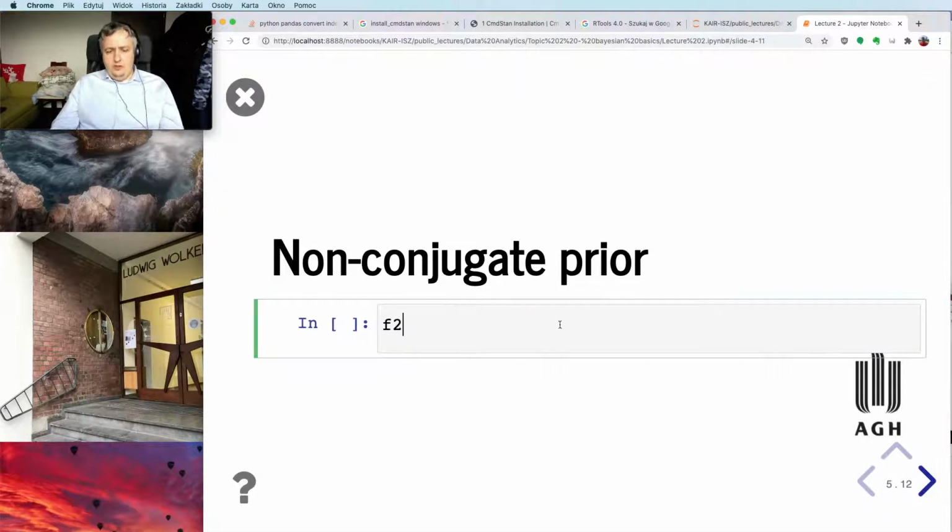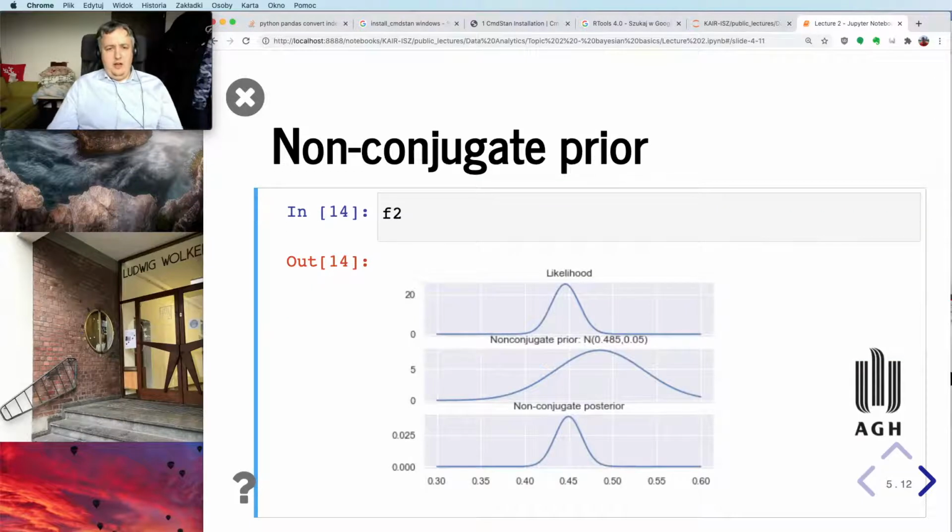Okay, so in the case of a non-conjugate prior, by setting it, for example, as a normal distribution, we just say that it has a limited variance of probability, which is only 5%, and we know that this probability is 0.485, so we add a normal prior for the probability of birth, then our posterior will also move.